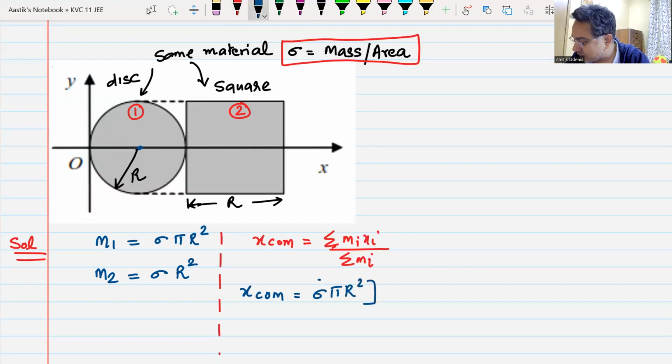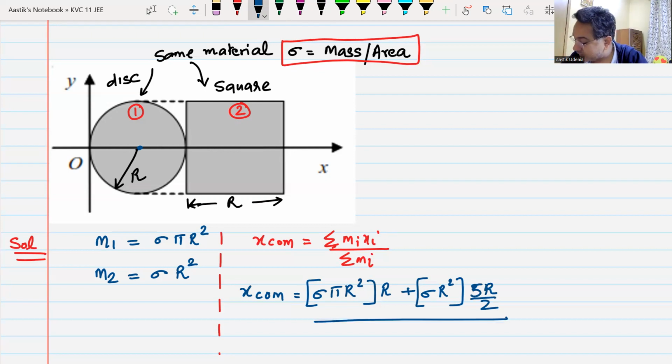What is the distance of center of mass of this one from the center? R. Plus sigma into r square. What is the distance of the center of this one from the center? 5r by 2.